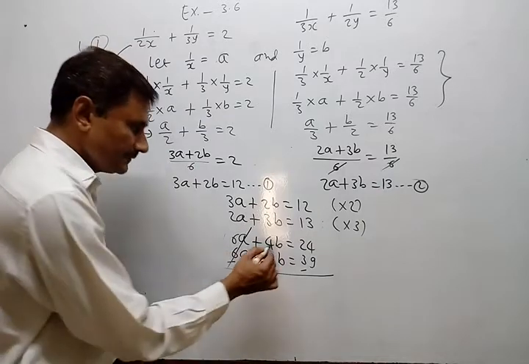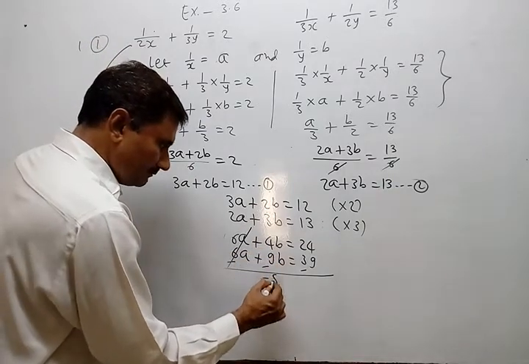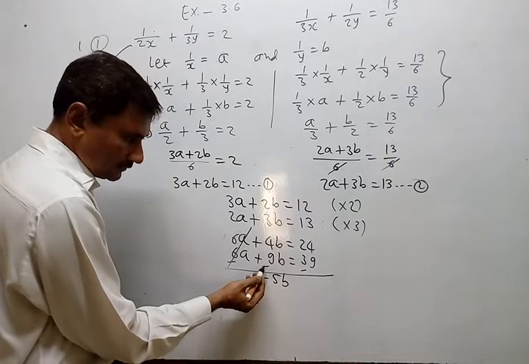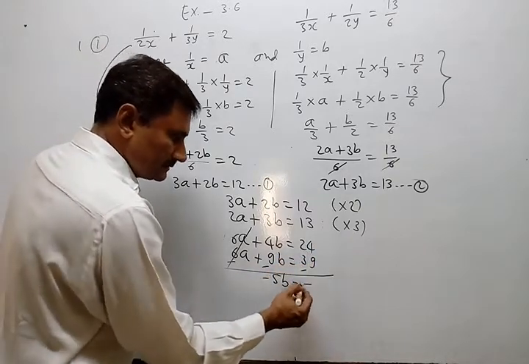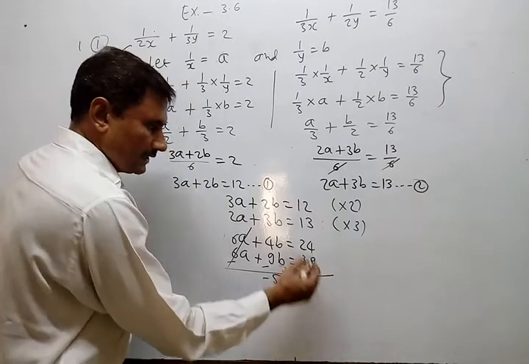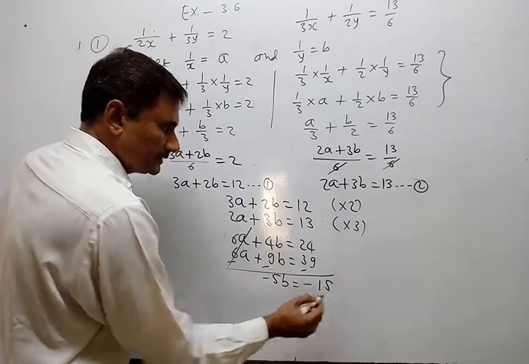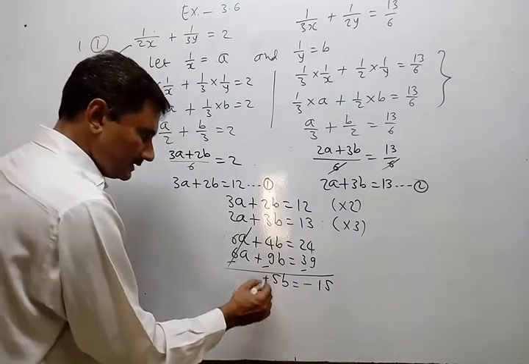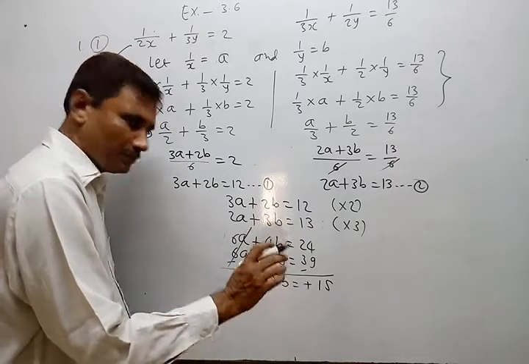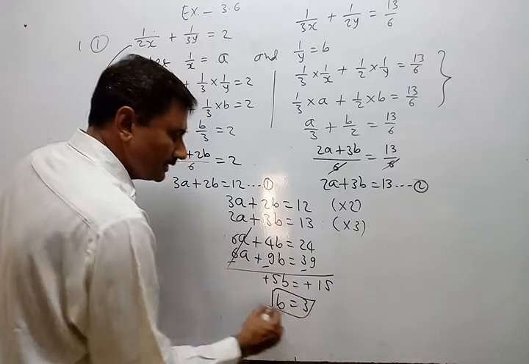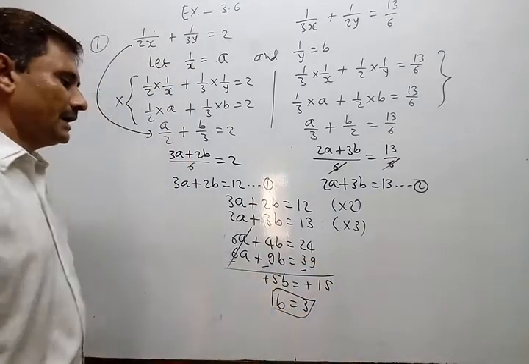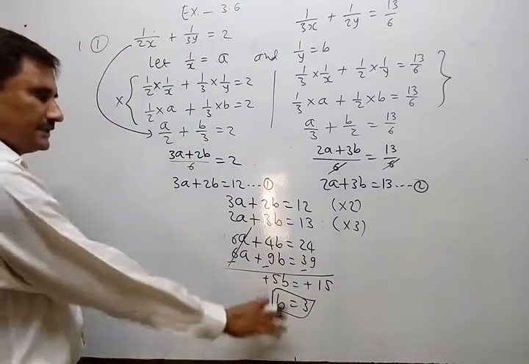This one is cancelled. 4 minus 9 is minus 5b. Now consider the sign, not only the number. 24 minus 39, the difference is 15 but the bigger has a minus sign. Minus minus removes, so b becomes 3. Why does b become 3? 15 by 5. Do you understand?